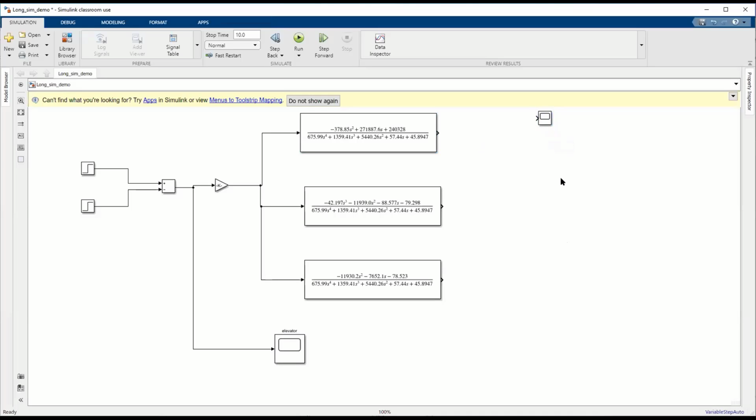I'm going to copy and paste. Highlight, copy. There we go. So I can put a scope as an output for each one of these.